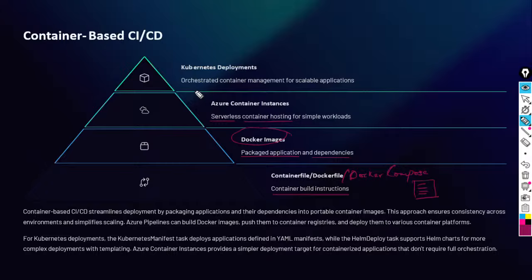Okay. And finally, you deploy it over Kubernetes. Orchestrated container management for scalable applications. So these Docker files or the Docker images will need to be deployed on orchestrated container management for scalable applications, like enterprise level applications, where it has to be scalable.